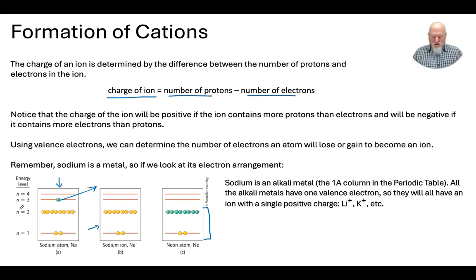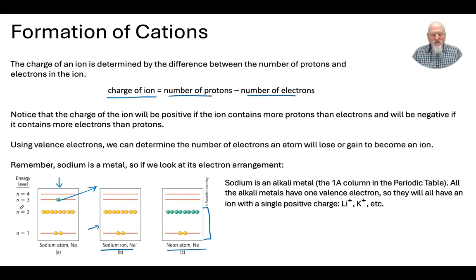So the identification of them is different, because we identify atoms or ions by the number of protons, not the number of electrons. So a sodium ion and the neon atom have similar looking electrons. They have 10 electrons each, and those electrons are arranged exactly the same.